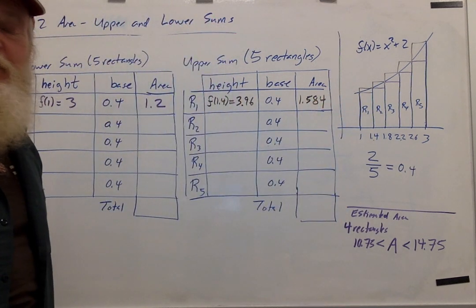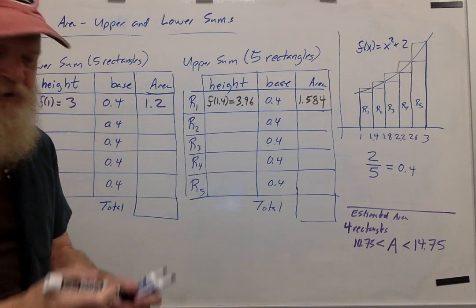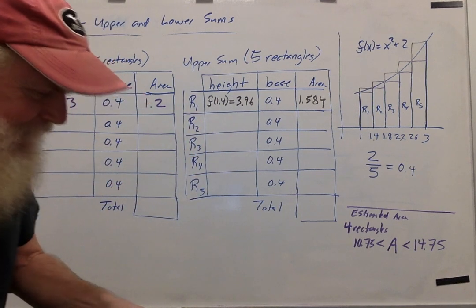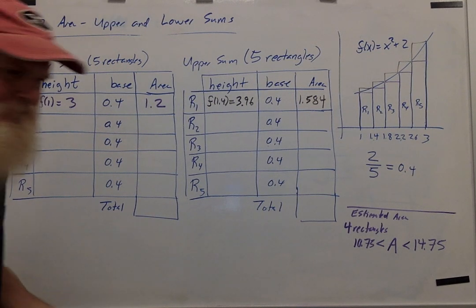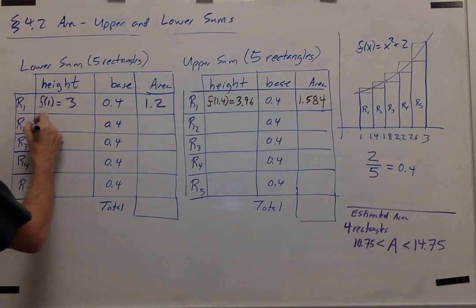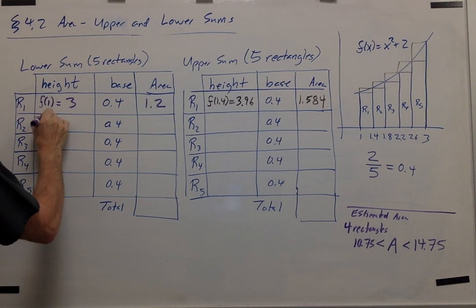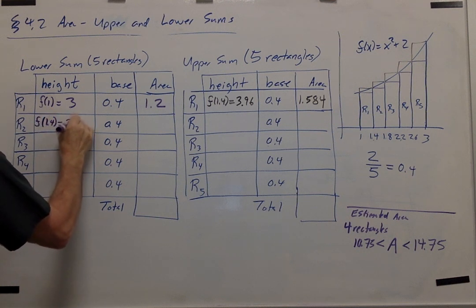At this point, I recommend that you pause the video and fill out the rest of both tables. I can't pause the video without starting a new one, so I'm just going to start filling it in. For rectangle 2, the height is given by f of 1.4, which is 3.96.